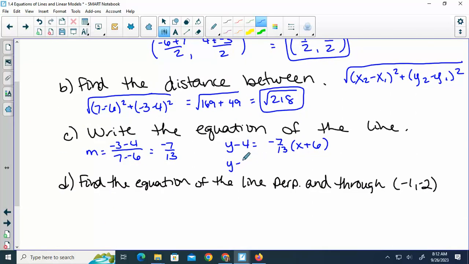So I get y minus 4 equals negative 7 over 13x minus 42 over 13. Then we add over the 4. So plus 10 over 13.